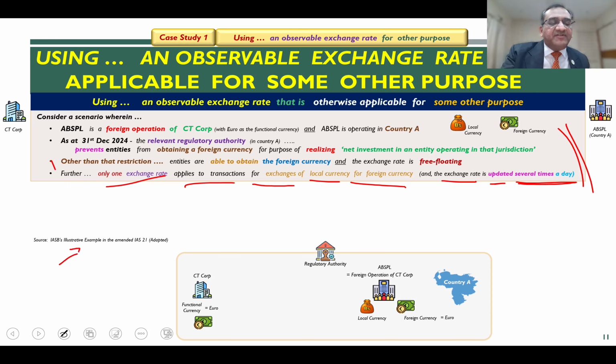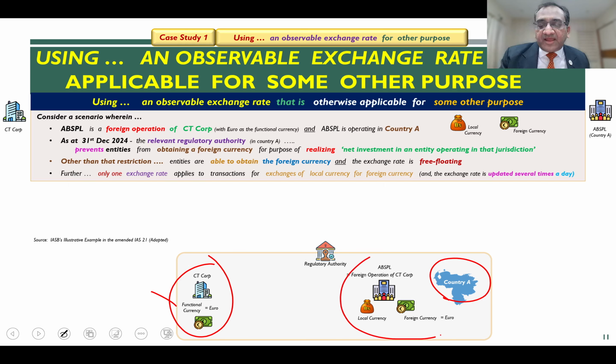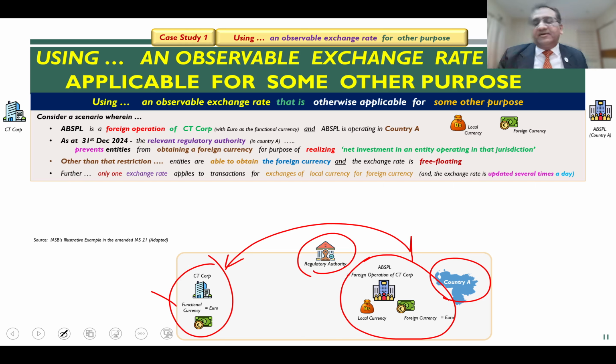These are all the fact patterns which have been given. Of course, I have given the source from where I have taken these case studies, and I have made it pictorial to make sure that we understand. So you have a scenario of a parent which has a functional currency euro. The foreign operation is in country A, and in this country, the regulatory authority does not permit the exchangeability of local currency to euro for the purpose of net investment.